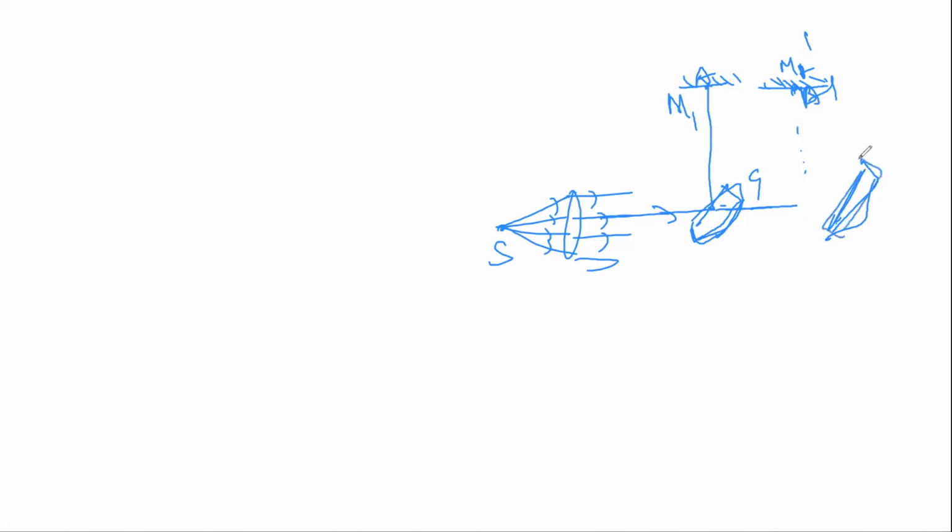See here, this is my mirror G dash. How it's getting here, this is a perpendicular drawn on this. This is ray 1, right? So now let us see only ray 1.